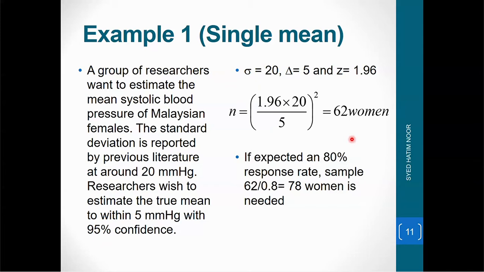In terms of response rate, you cannot measure it, but you need to consider whether the medical record is complete or not. If not complete, that's why we need to add that 10 to 30% non-response rate.